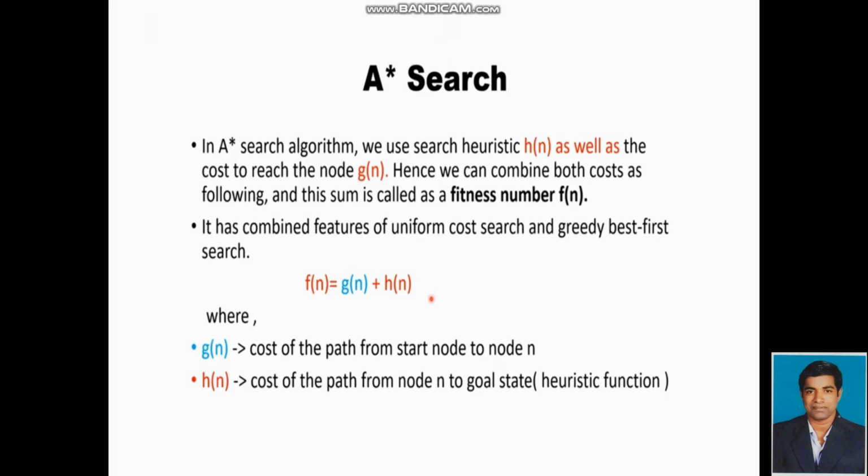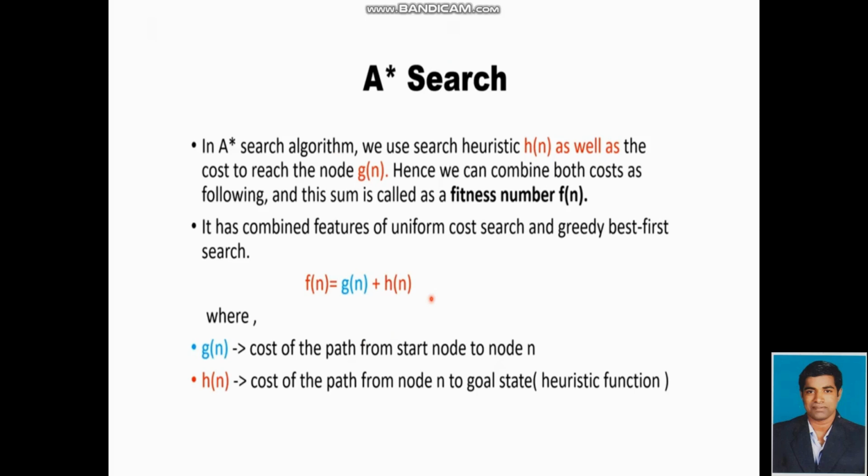A star search. In the A star search algorithm, we use the search heuristic h of n as well as the cost to reach the node, g of n. We combine both costs, and this sum is called the fitness number f of n. It combines features of uniform cost search and greedy best first search.